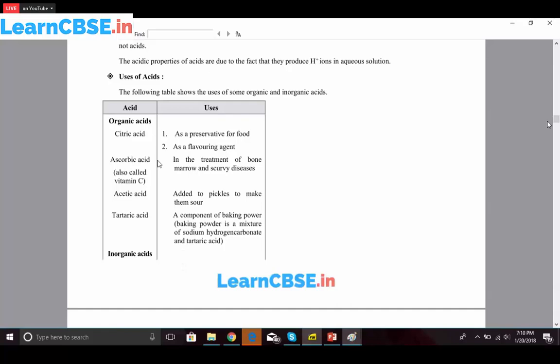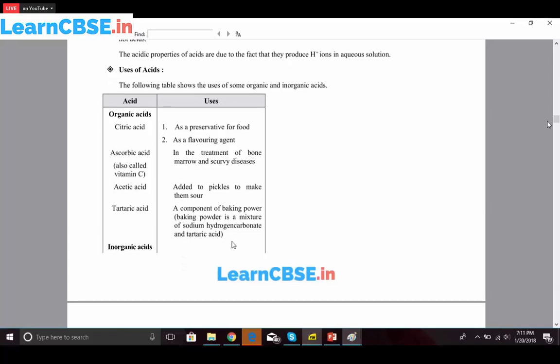Ascorbic acid is also called vitamin C, used in the treatment of bone marrow and scurvy diseases. Next one is acetic acid, added to pickles to make them sour. Tartaric acid is a component of baking powder. The baking powder is nothing but a mixture of sodium hydrogen carbonate and tartaric acid.